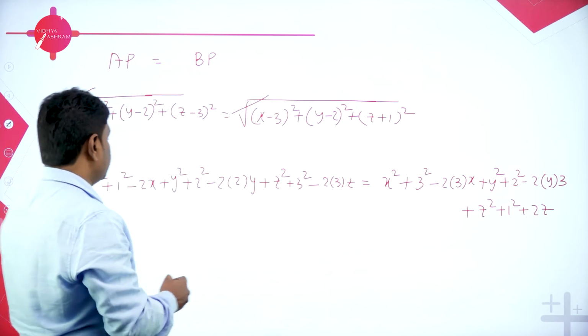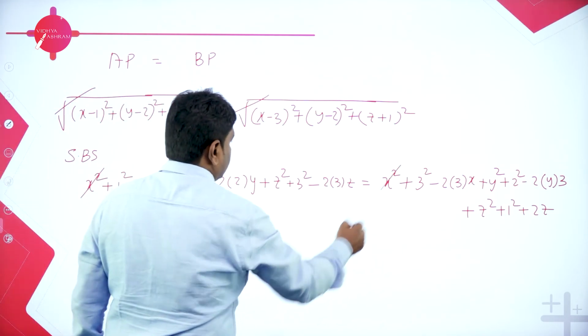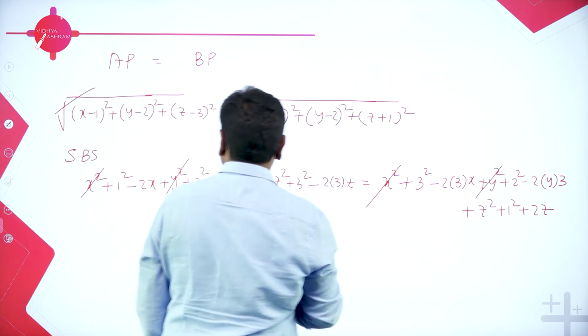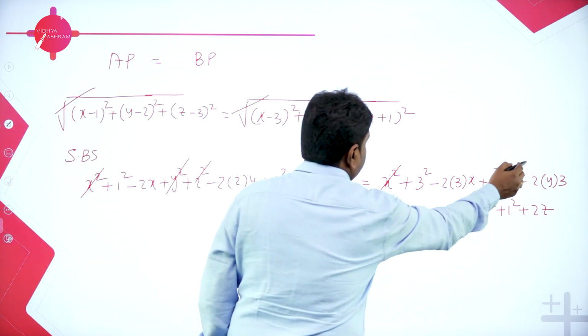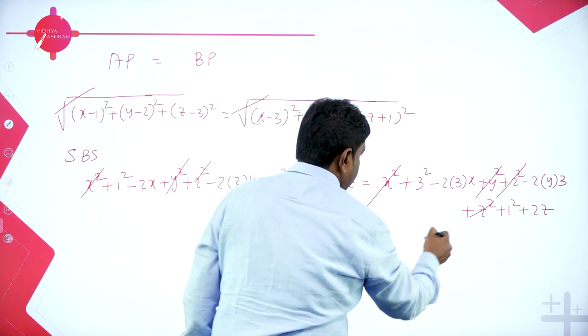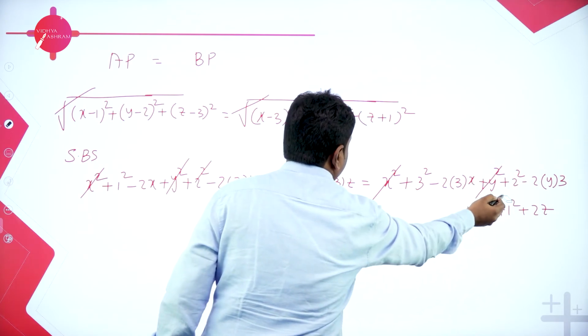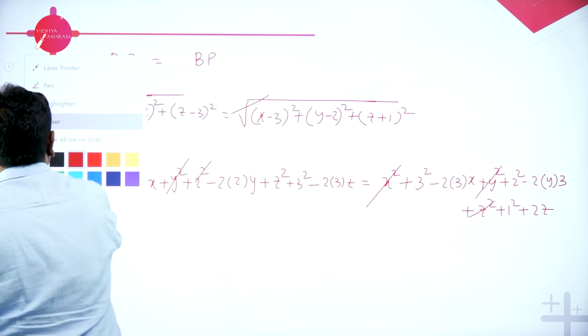Now cancel the like terms on both sides. So x square cancels, and similarly y square and y square cancel, z square and z square cancel. Observe any like terms and cancel them. Unlike terms, simplify.